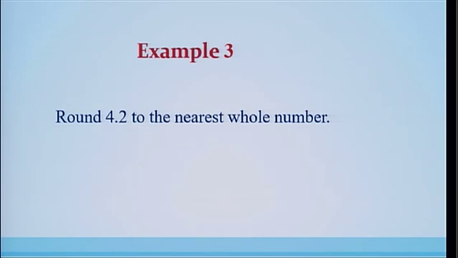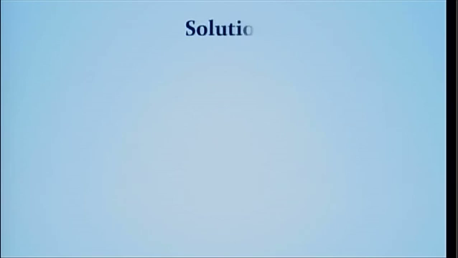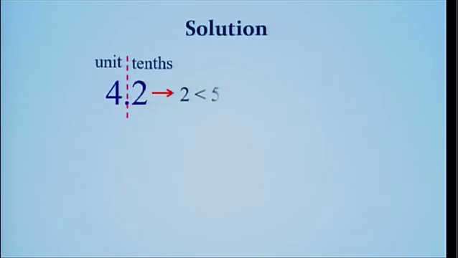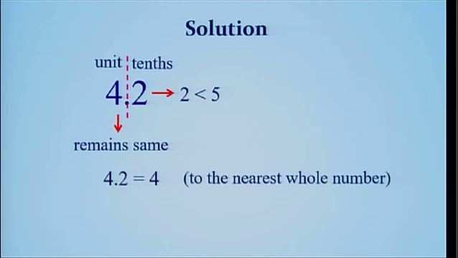Round 4 decimal 2 to the nearest whole number. We're going to analyze here the tenth value. The tenth value is less than 5, so we are going to keep the unit value as it is. Hence, 4 decimal 2 is approximated to 4 as the nearest whole number.